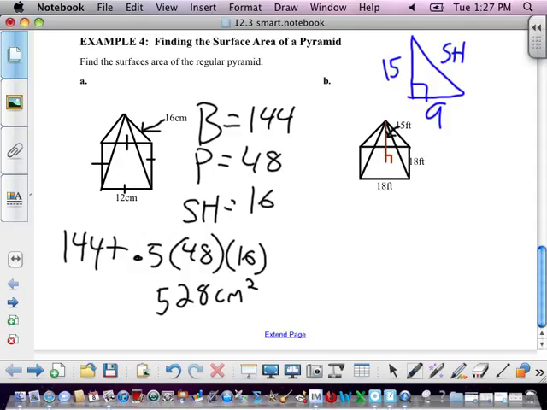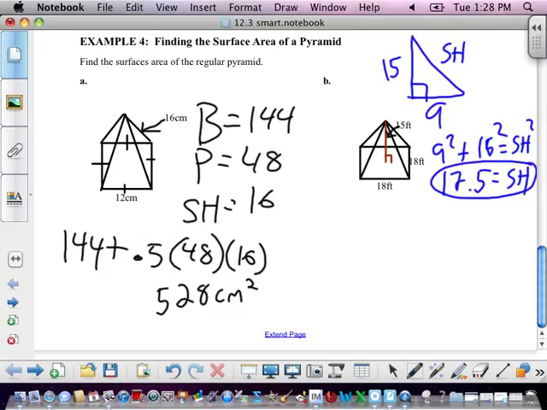Okay, so how am I going to find slant height? 9 squared plus 15 squared equals slant height squared. So 9 squared plus 15 squared, then square root that. And we should get slant height is 17.5. Let's round up.